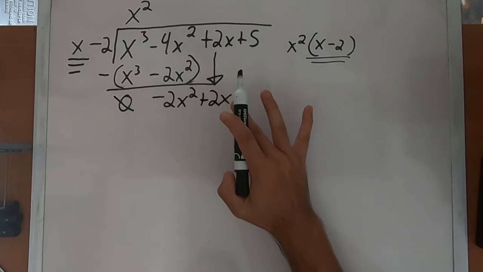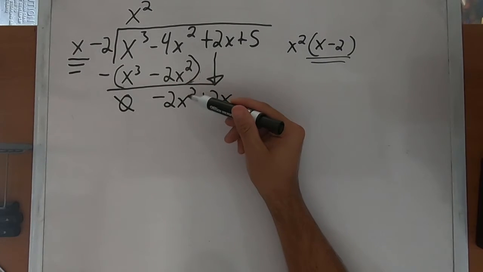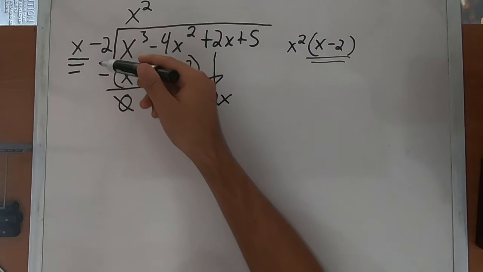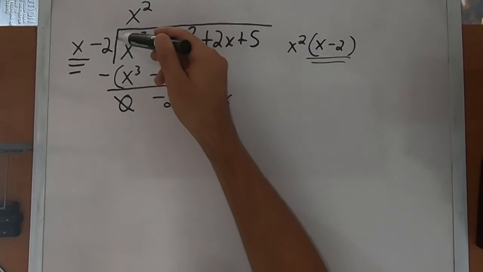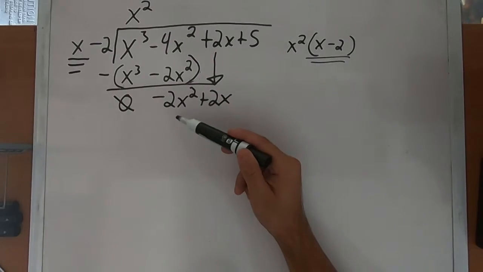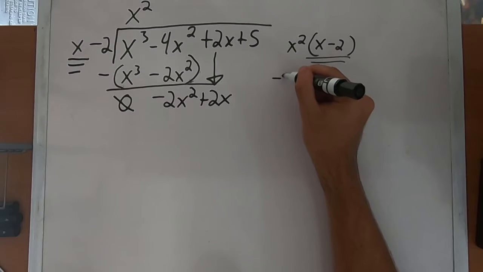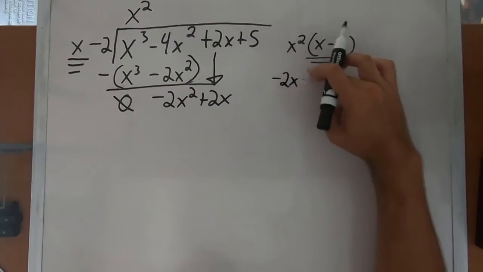Alright, now, just like we did with the last one, you want to see what you could multiply x by to give you negative 2x squared. See, here we didn't have a number, but now we got to take this negative 2 in mind. So negative 2x squared is what we need, or negative 2x.